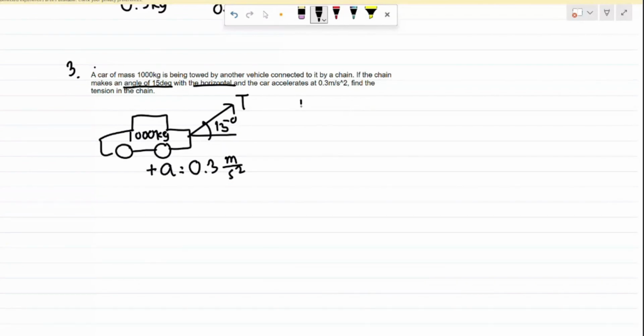From the formula again, force is equal to the mass times acceleration. Sir, anong force po ang meron tayo dito? Actually, wala po tayong binanggit na frictional force or anything. So we only have here our tension. Tension is simply equal to mass times acceleration.